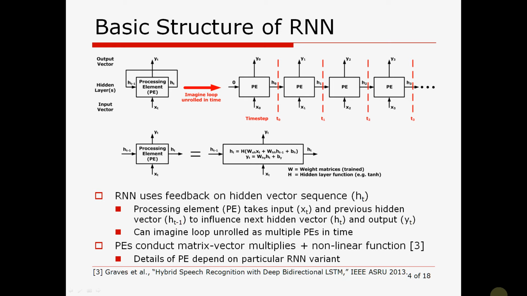At time step 1, h of 0 then becomes the input to the processing element, as well as the next input vector, x of 1, and then it generates the next output vector, y of 1, as well as h of 1. And so this continues, so on and so forth. And so really what's key here is that the hidden vector, h of t, is really sort of the state vector of the RNN. So it's passed along through time, through the multiple iterations of the processing element.